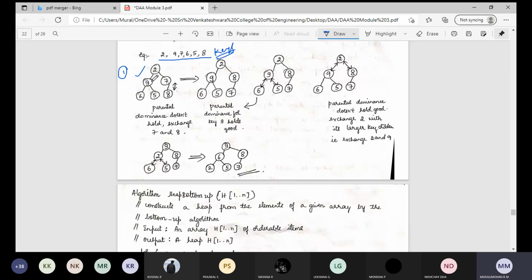Once the tree construction is finished, then we will check for parental dominance. Parental dominance, what does it say? Always the root node should be greater than the child node. You just observe here, from the last leaf node we will check.